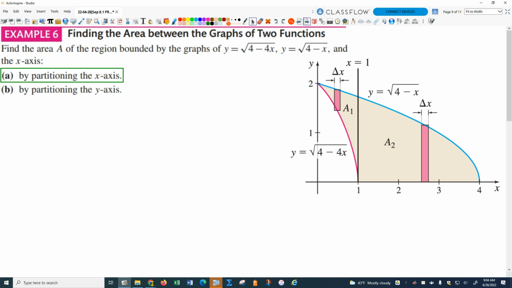Okay, so what's that integral going to be? My total area then is going to be the integral from 0 to 1 of what? Minus square root of 4 minus 4x.